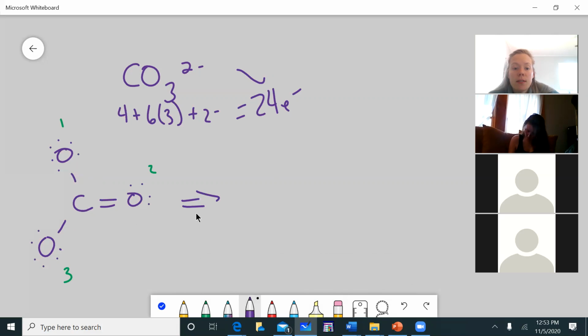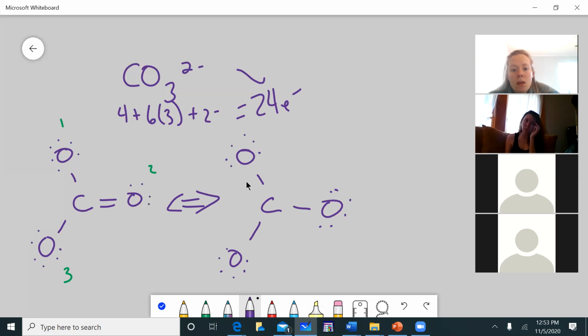So sometimes you'll see these resonance structures drawn like this, carbon, make it symmetrical, oxygen. It'll have this sort of intermittent arrow, and it'll draw each of the possible options.